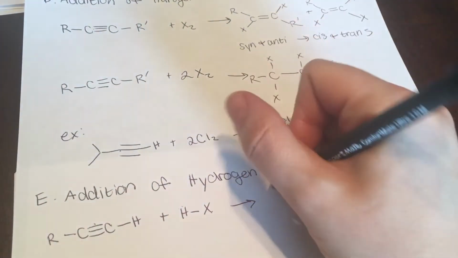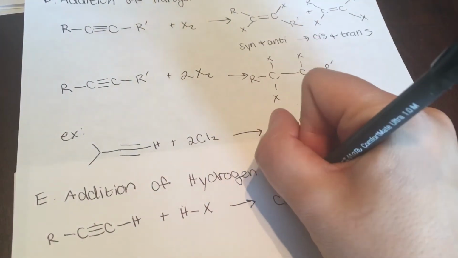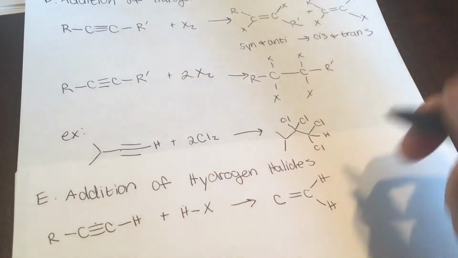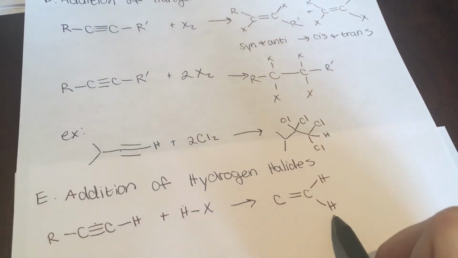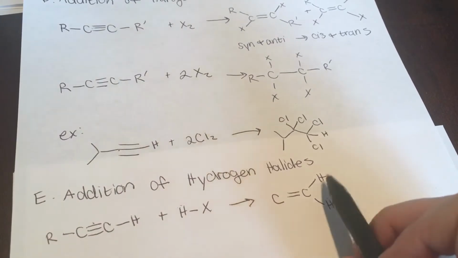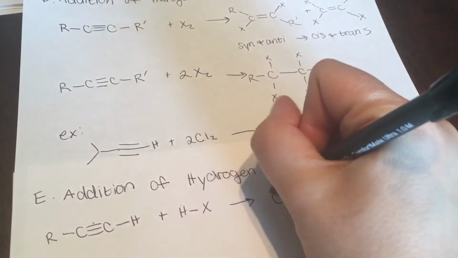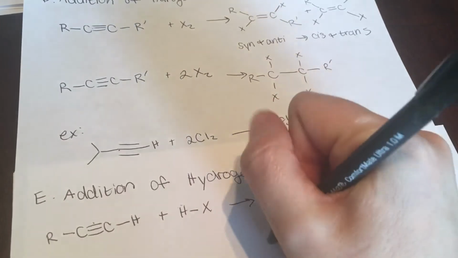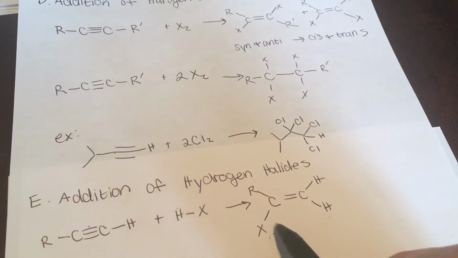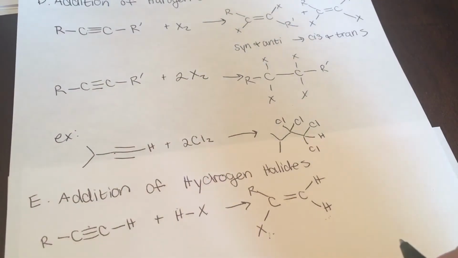So with the first equivalent, the hydrogen adds to the carbon that already has the most hydrogens, and then the halogen adds to where the carbocation is, the more substituted carbon.